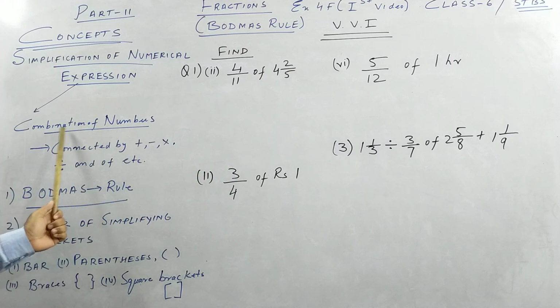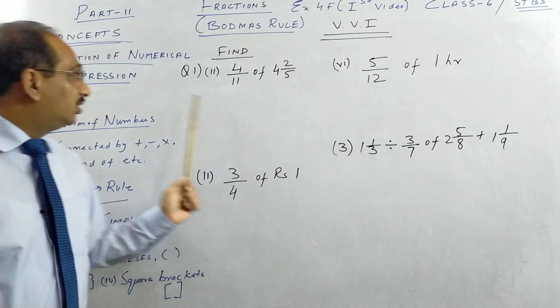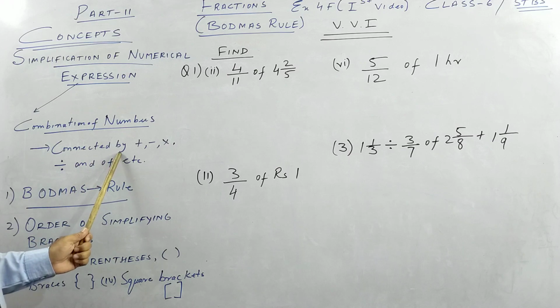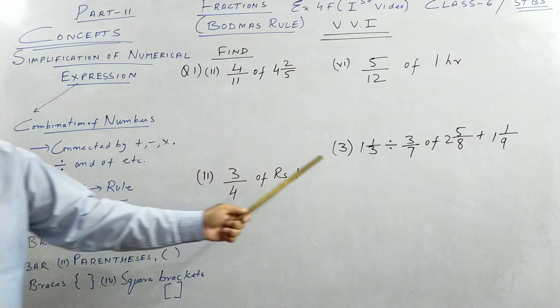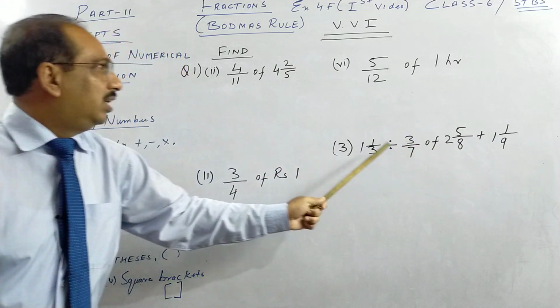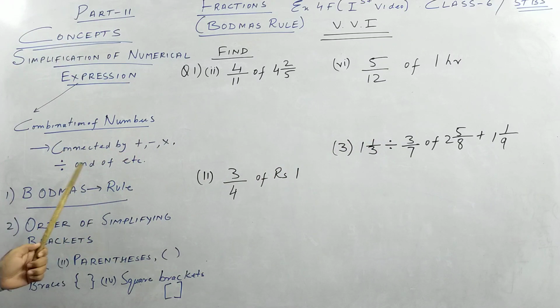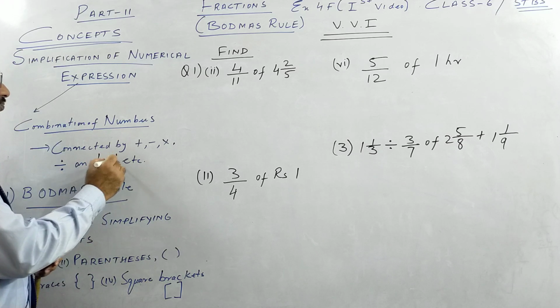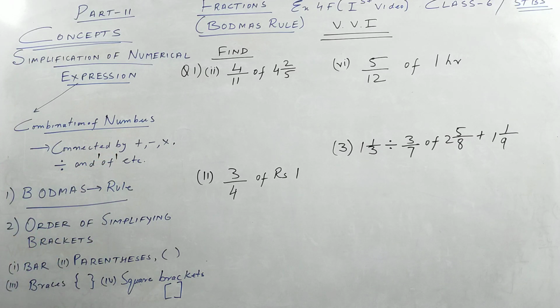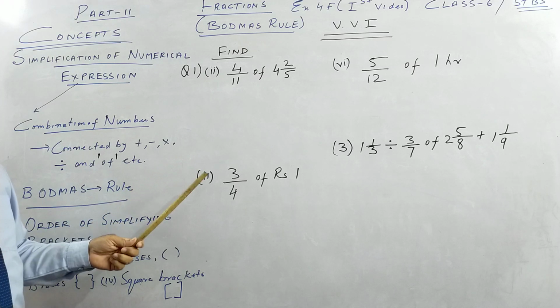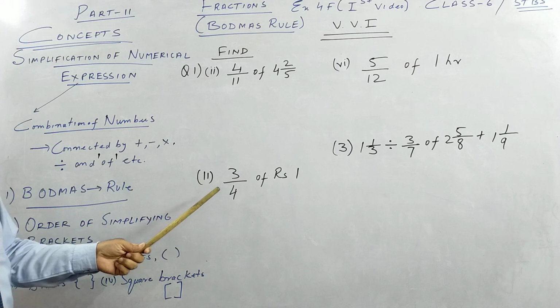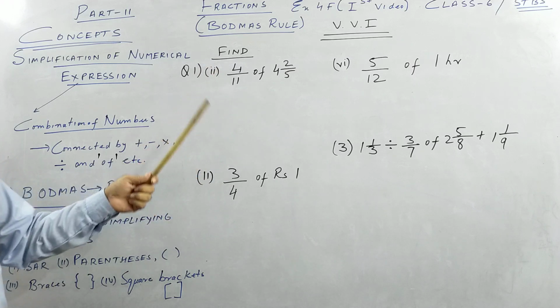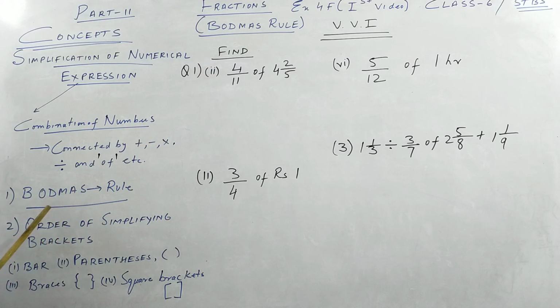So they are combinations of numbers connected by plus, division, minus, into, and 'of'. So these are numerical expressions. We simplify them by using a rule called the BODMAS rule.